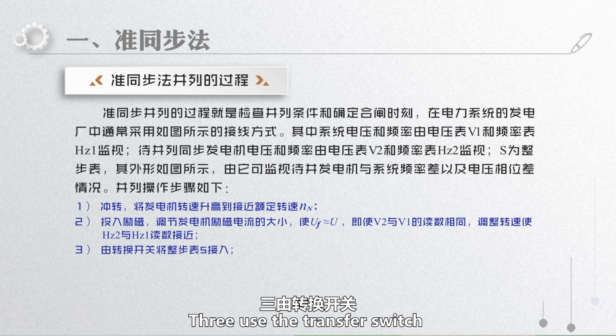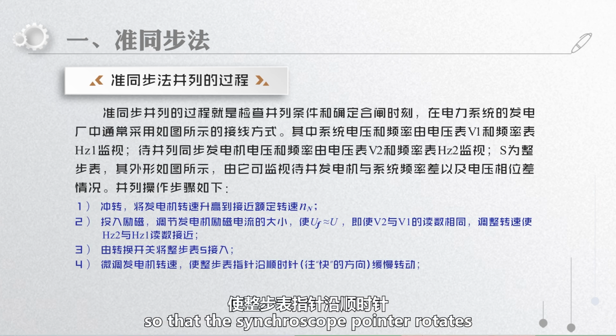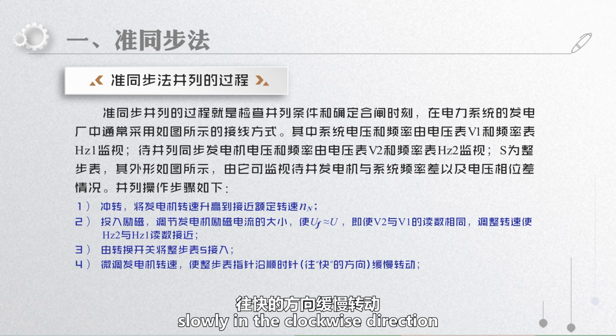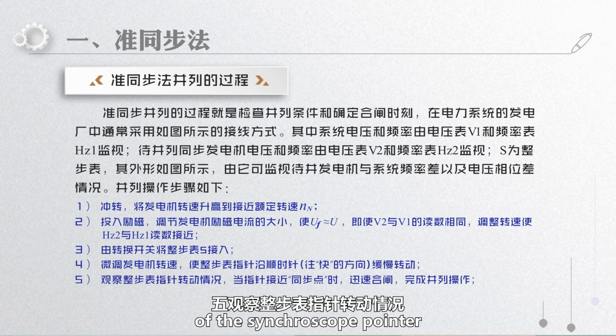Use the transfer switch to connect the synchroscope S. 4. Fine-tune the generator speed so that the synchroscope pointer rotates slowly in the clockwise direction. 5. Observe the rotation of the synchroscope pointer.